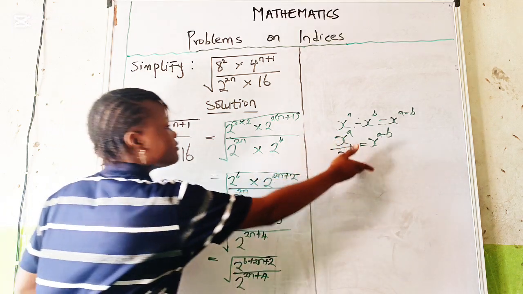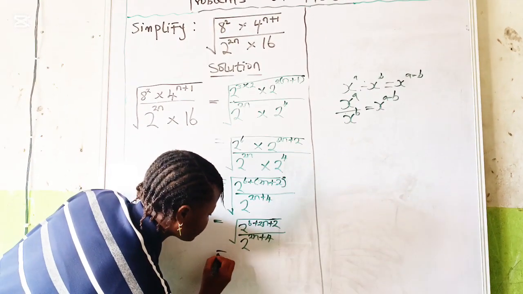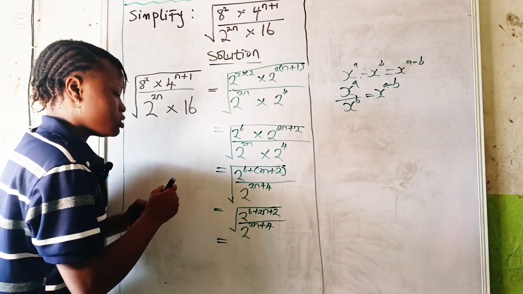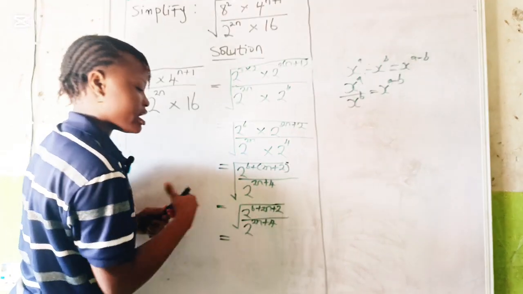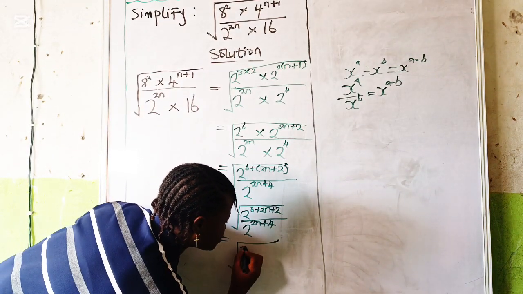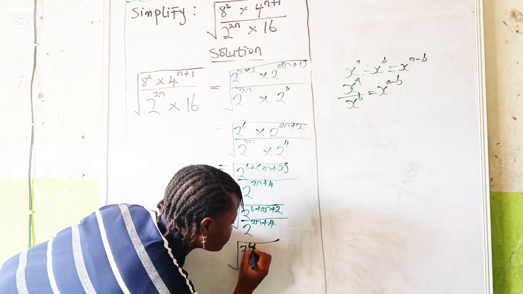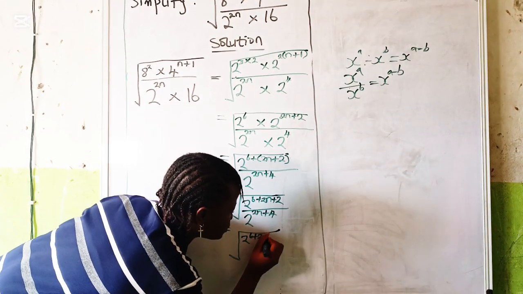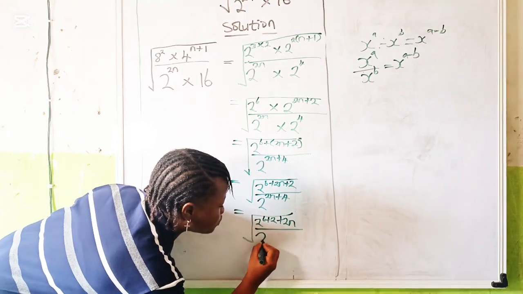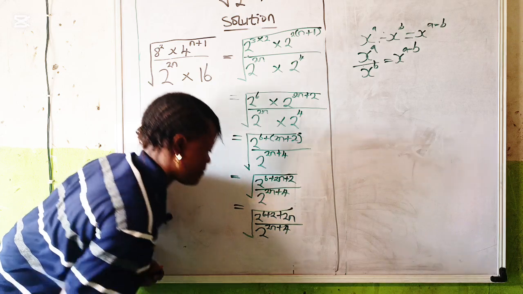Now we can apply this rule here, but first of all, you collect like terms here: 2 raised to power 6 plus 2, then plus your 2n, all over 2 raised to power 2n plus 4.